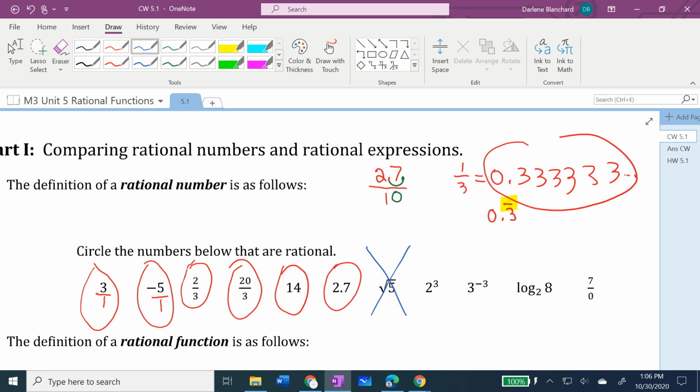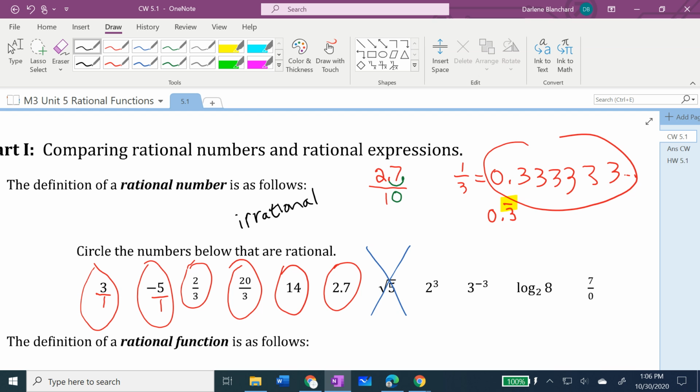Square roots where it's not of a perfect square are always irrational, and we even call them irrational. So rational and irrational are completely separate groups of numbers. Irrational numbers are ones that cannot be written as a fraction. So square root of 2, square root of 5, square root of 3.